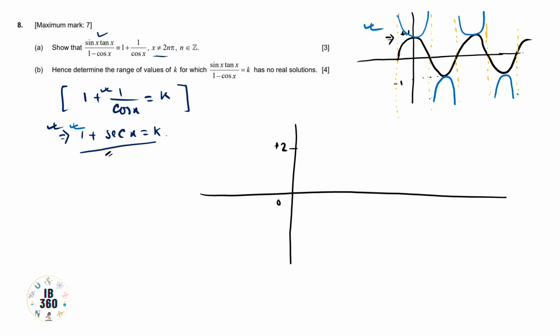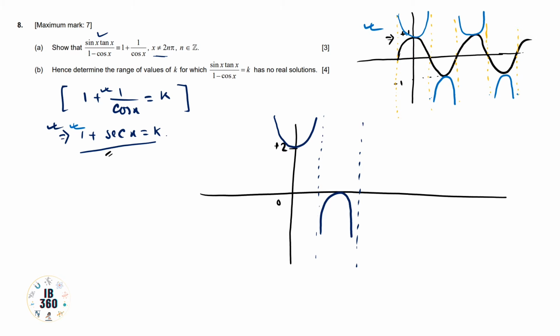So here is 0. So let me give you the graph directly. You will have the graph like this here, and after this asymptote line there will be another asymptote line here, and you will find the graph here with the asymptote line. So basically it is shifted plus 1 in the y-axis.